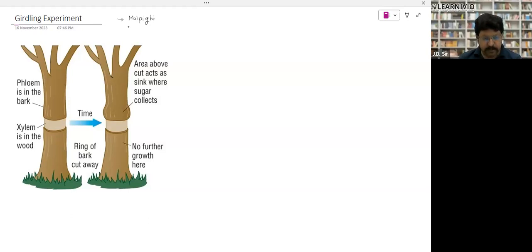Malpighi gave this concept in 1675. Right, note down. In the experiment, a ring of bark is cut from the stem.